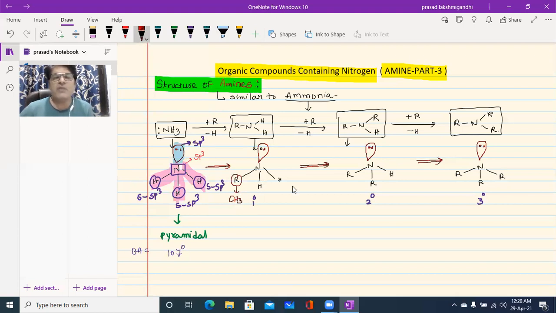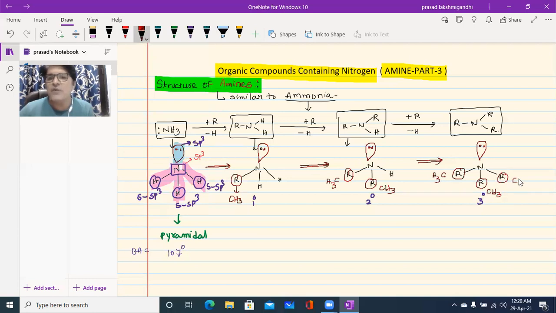In a primary amine, one alkyl group is there. In a secondary amine, two alkyl groups, meaning two methyl groups, are there. In a tertiary amine, we have three alkyl groups, meaning three CH3 groups.